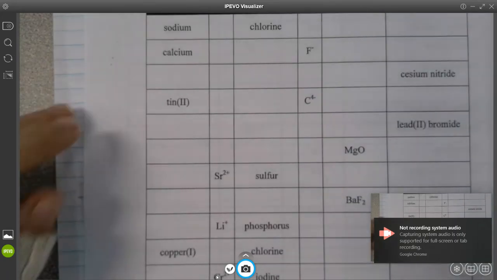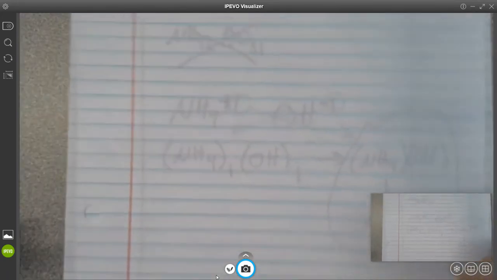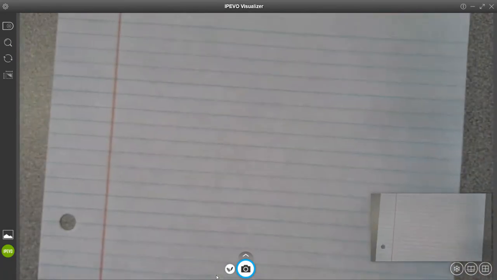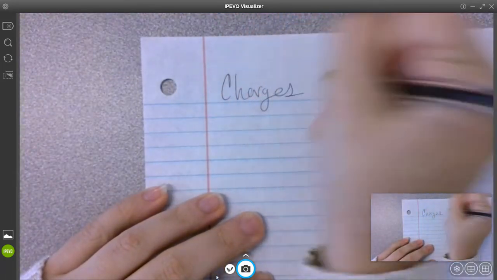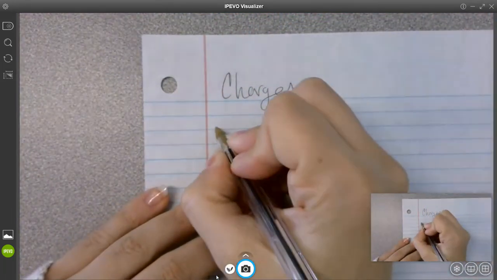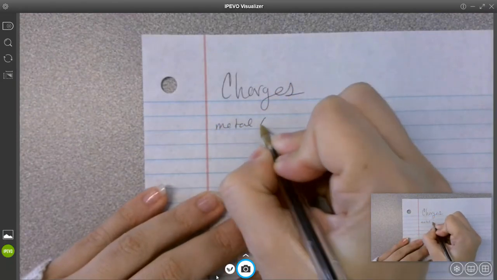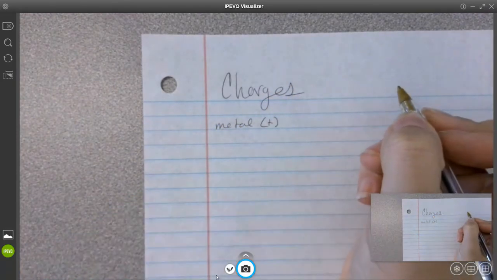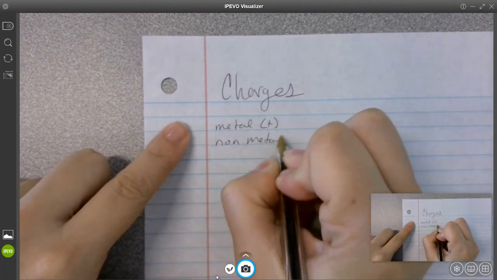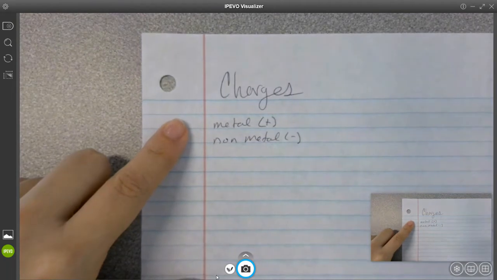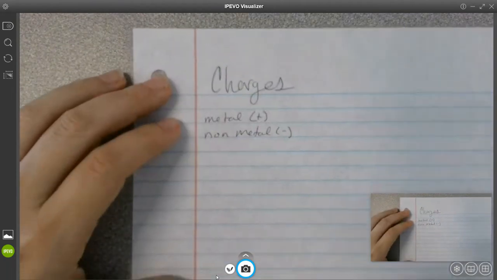Okay, so our lecture today is going to go back over the charges that we learned about last lecture. If we go back and look at charges, metals are generally going to be a positive charge, and nonmetals are generally going to be more of a negative charge.